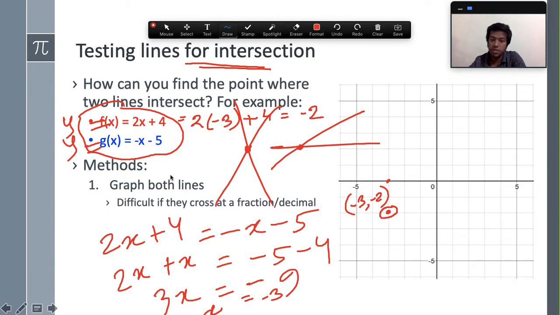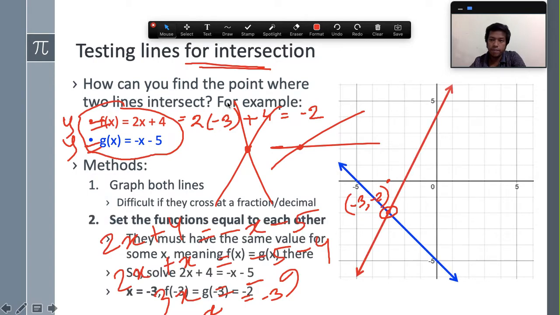Minus 3 comma minus 2 is the solution of these two lines. Solution actually means where the two lines will meet. You can exactly see at that point two lines are intersecting. That is what is called the solution. That is how we understand if two lines will be intersecting or not.